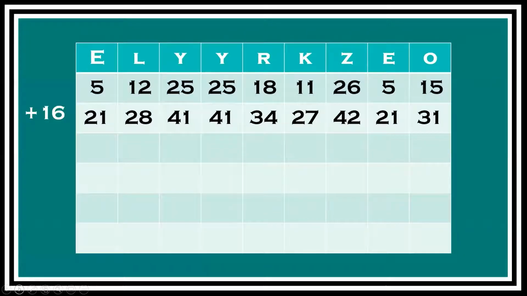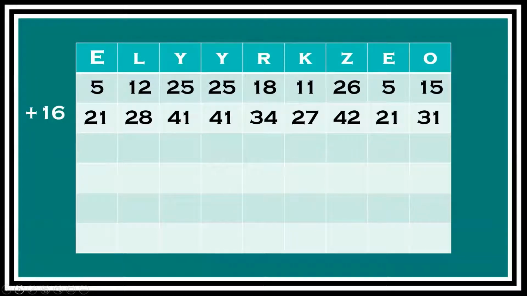And since there are only 26 letters in the alphabet, adding 26 is the same as going through the whole alphabet and getting back to where we started. So adding 16 when decoding will undo the effect of adding 10. In general, adding 26 minus x will undo the effect of adding x.